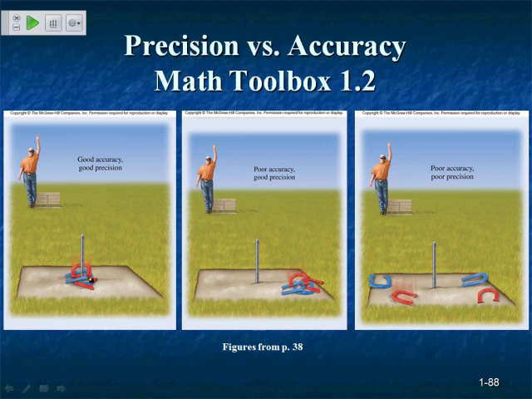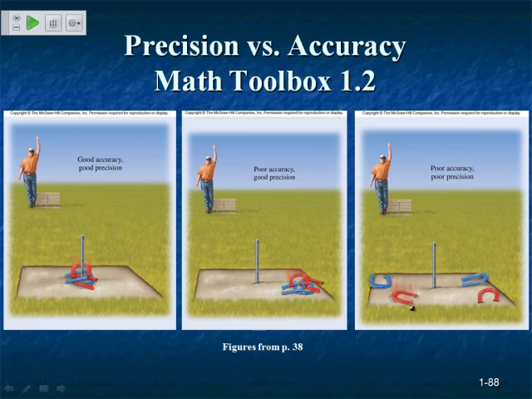So we can say he has good accuracy and good precision. Here, all his horseshoes are very close to each other. He has good precision, but he doesn't have any accuracy, or very poor accuracy, because this is the true value. Is he close to the true value at all? No, he is far away, but all his measurements are close together. They all agree with each other. So he has good precision.